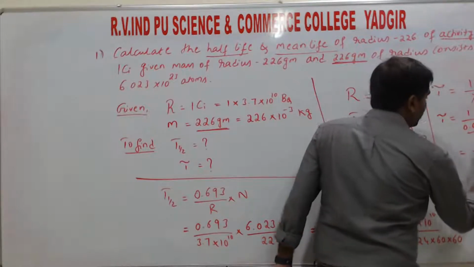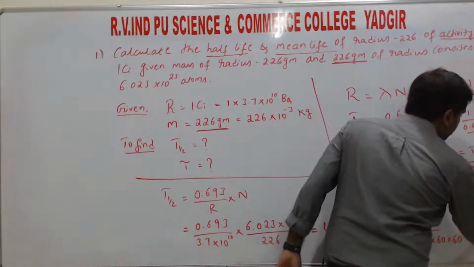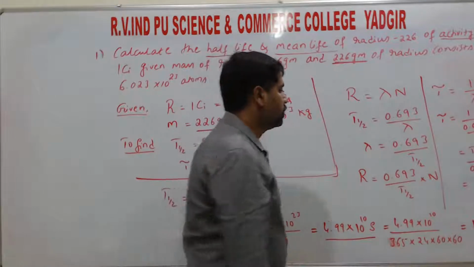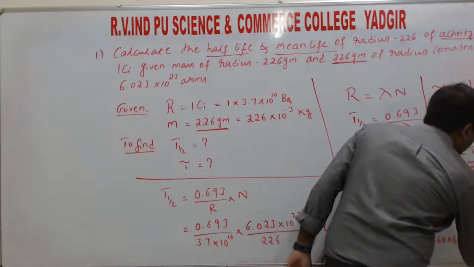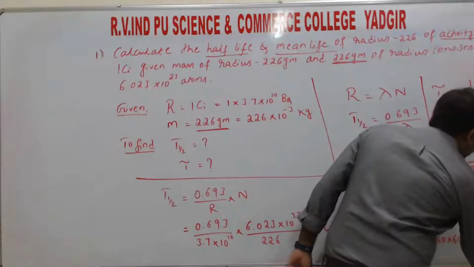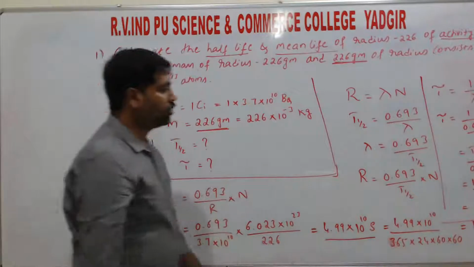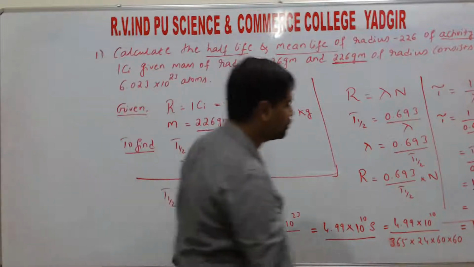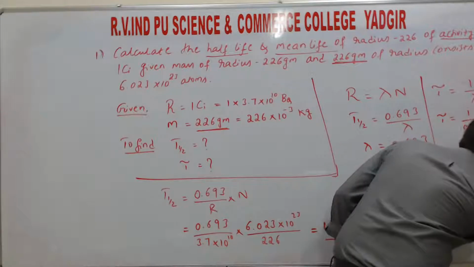T half goes to the numerator, then T half divided by 0.693, right? So here we have the value of half-life, that is 1583 years divided by 0.693. So here we get the value 1583 divided by 0.693, that is 2284 years.